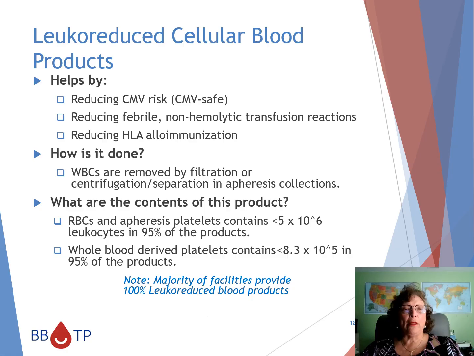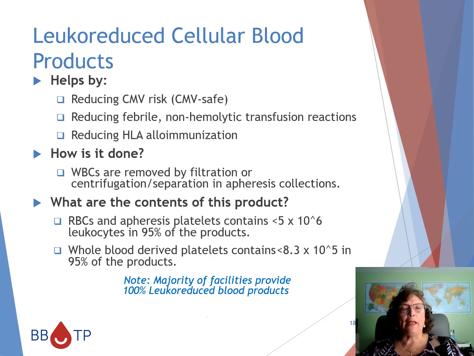The other part that we look at is leukoreduced cellular blood products. It helps by reducing CMV risk, just like what we were talking about with CMV safe, reducing febrile non-hemolytic transfusion reactions, and reducing HLA immunization. This is accomplished by taking white cells and removing them either through filtration on whole blood or by separating in an apheresis type of collection by centrifugation.